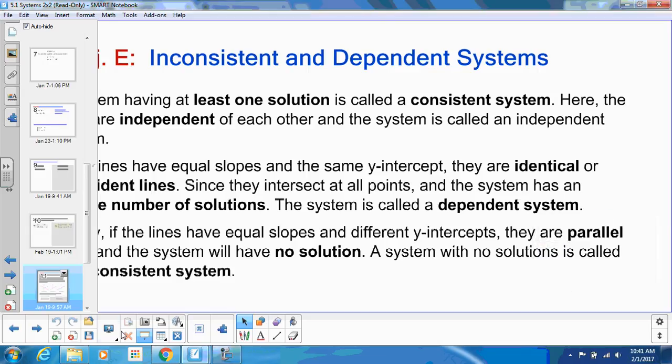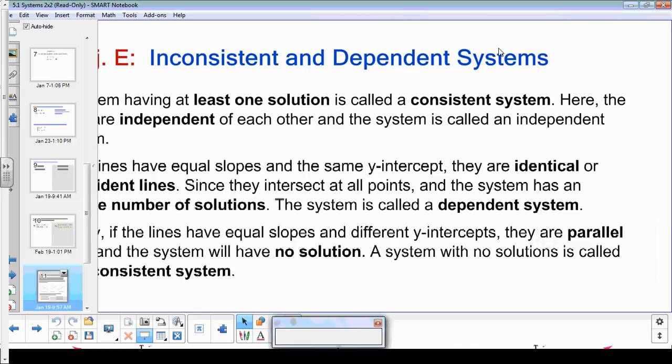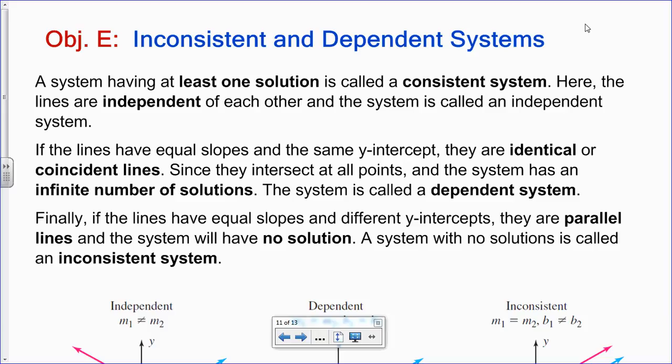Okay, so we're going to talk about special cases in 5.1, and then we'll look at some word problems. So this is 5.1.